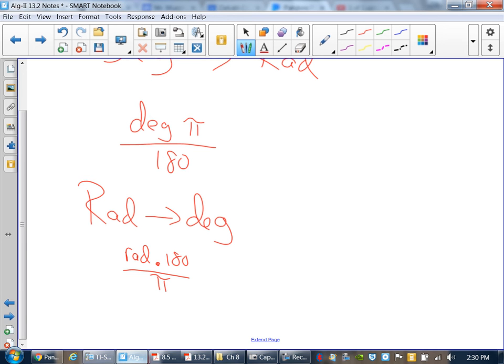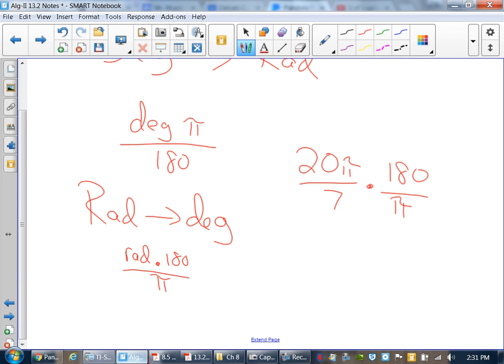Sometimes you have to go back from radians to degrees. Radian values are always going to be simplified fractions with a pi next to them. For example, if I say that we have 20 pi over 7, and I want to know how many degrees that is, I would multiply that by 180 over pi.